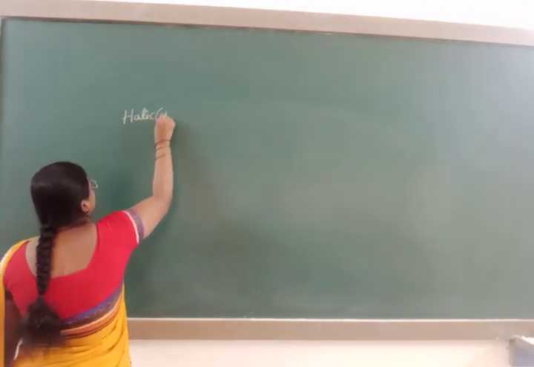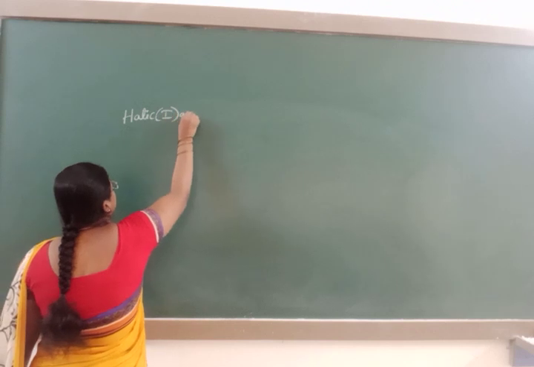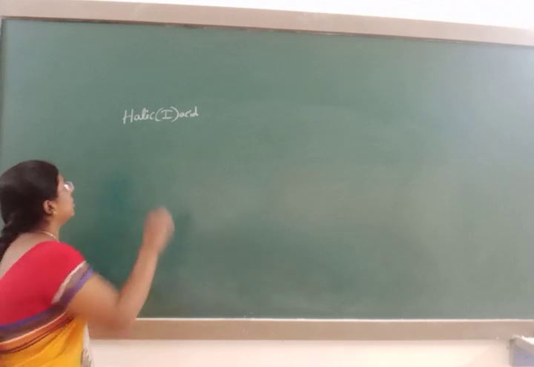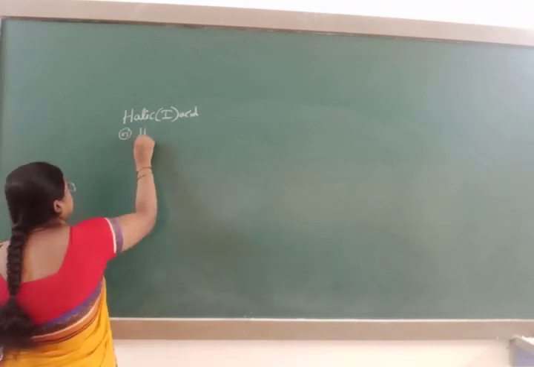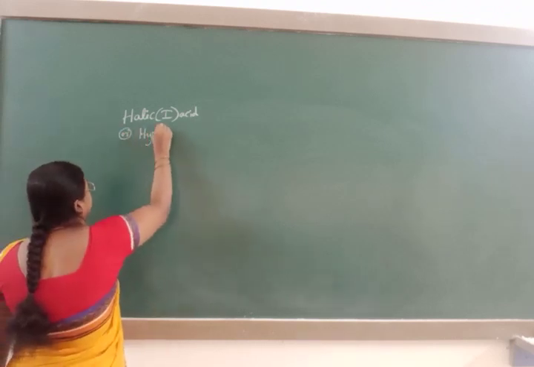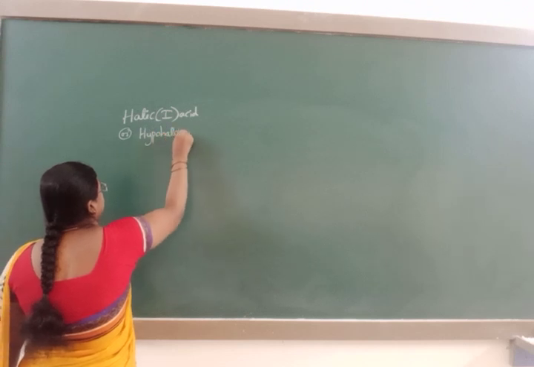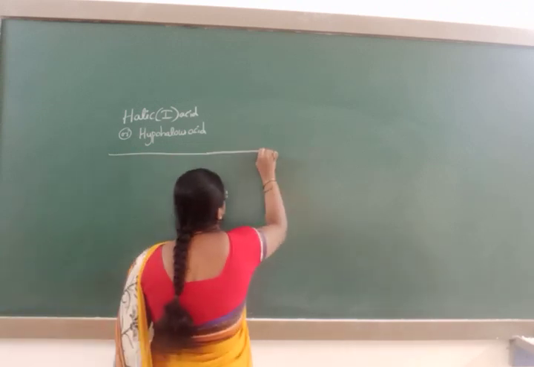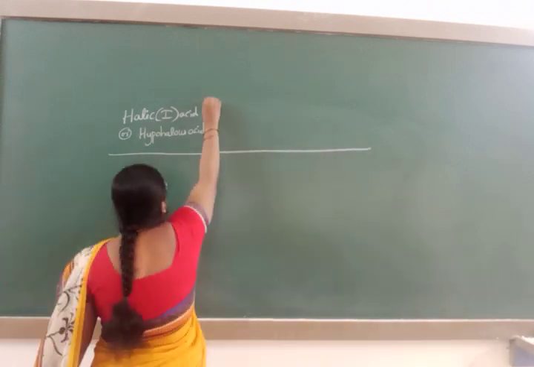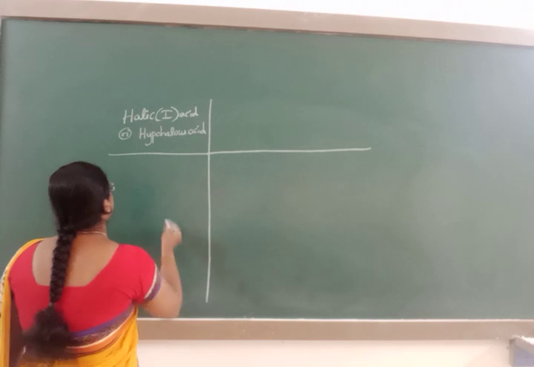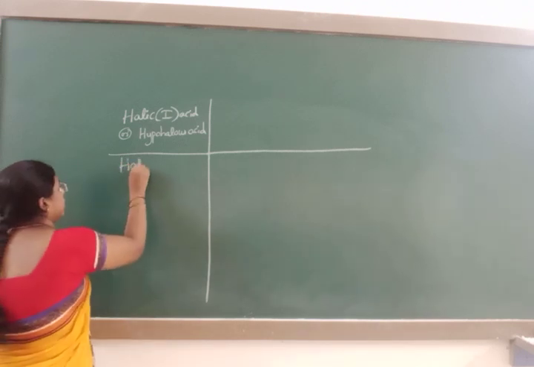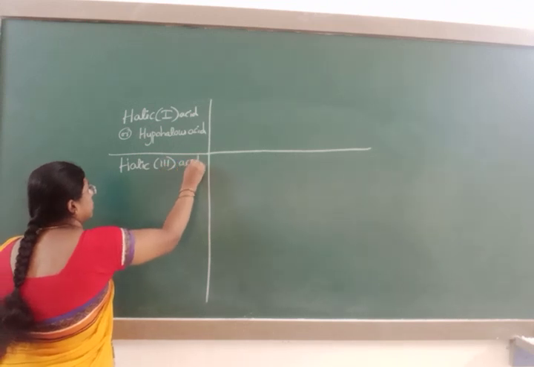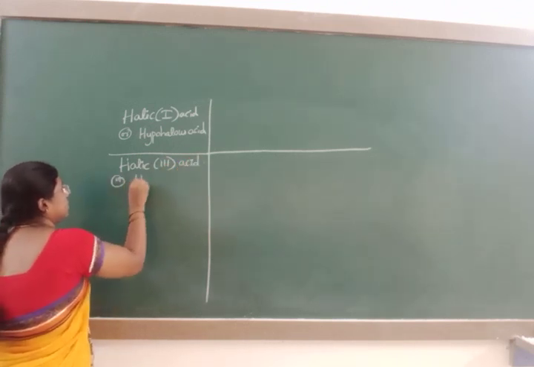Here the Roman numeral represents the oxidation state of the halogen atom. If the oxidation state is 1, it is known as hypohalous acid. If the oxidation state is 3, it is known as halous acid.